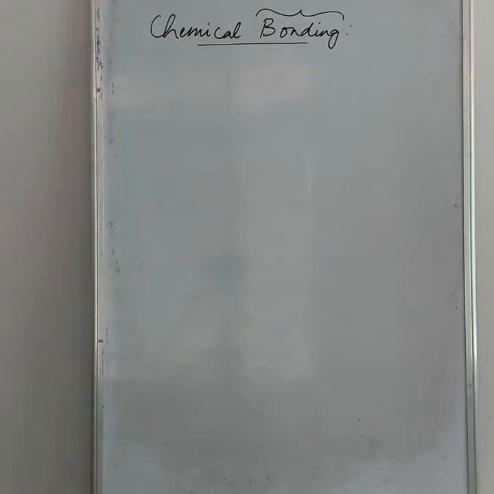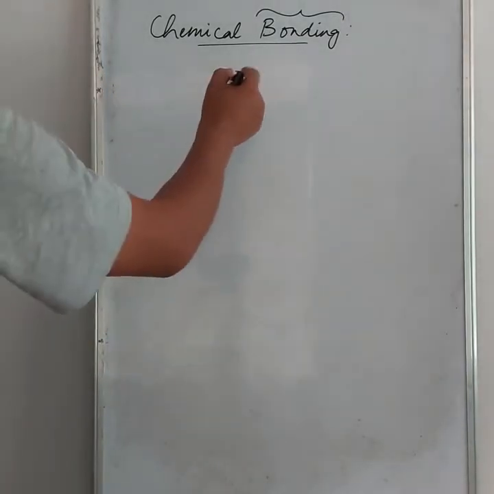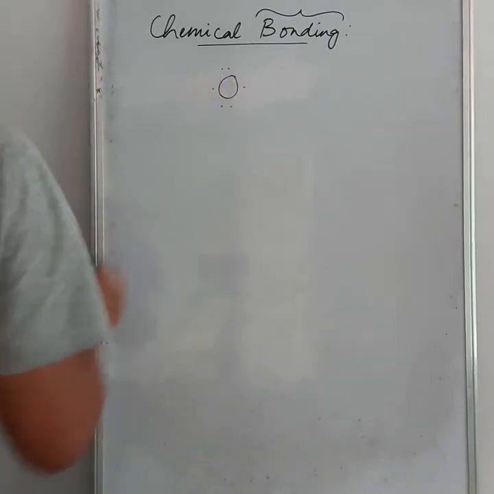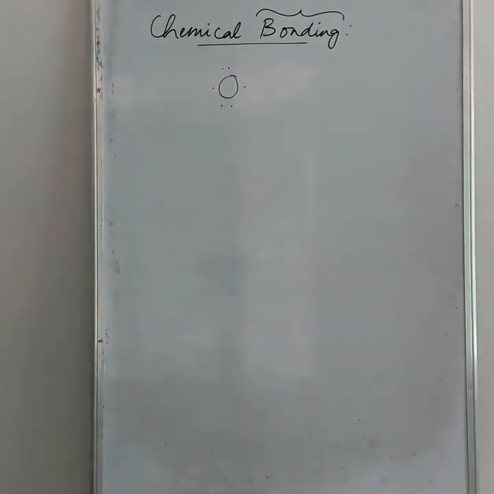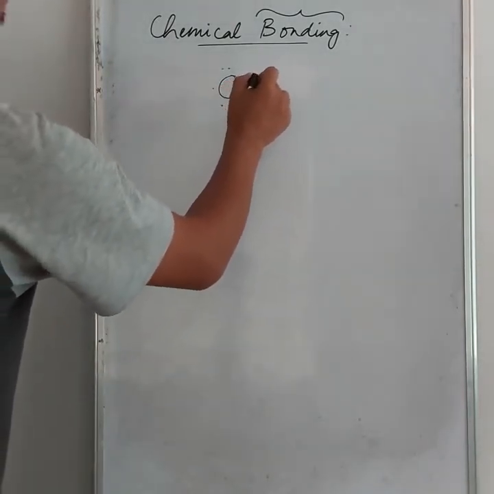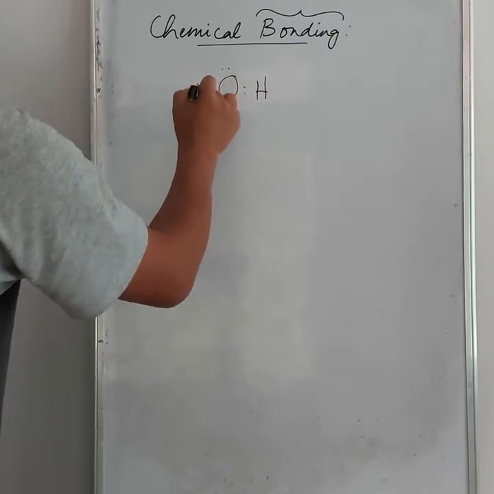To represent covalent bonds, Gilbert Newton Lewis devised a technique called the Lewis structure. I've already shown you one, the formation of water. Oxygen, as we know, has six valence electrons, and hydrogen has one electron each.